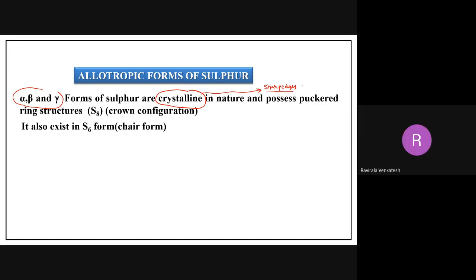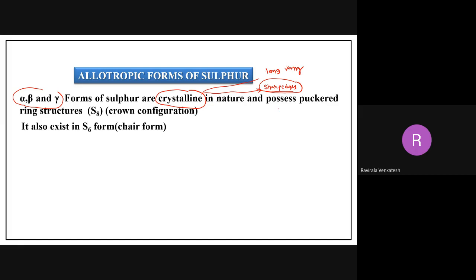They are ordered in a manner, whereas amorphous has short range order. Crystalline has long range order. We discussed these in the solid state.